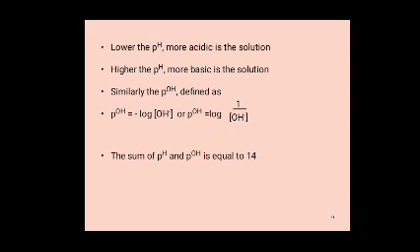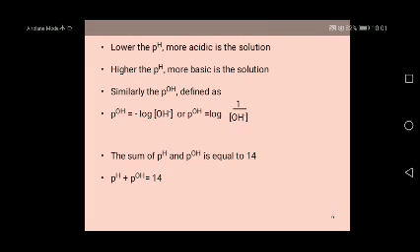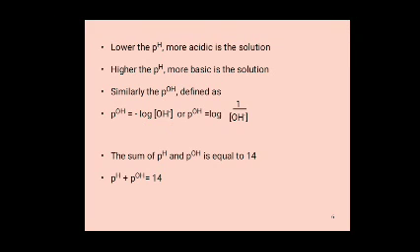Therefore, pH plus pOH is equal to 14. So, the pH value measures the nature of the solution. The lower the pH value, the more acidic the solution. Higher the pH, more basic is the solution.